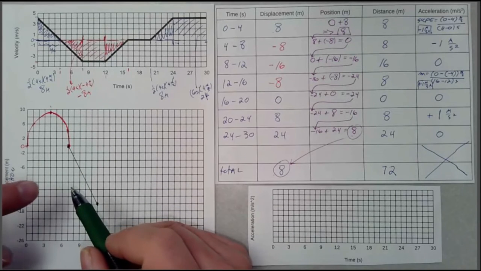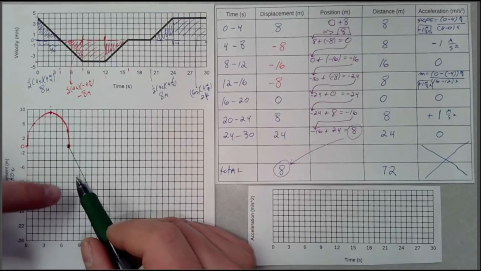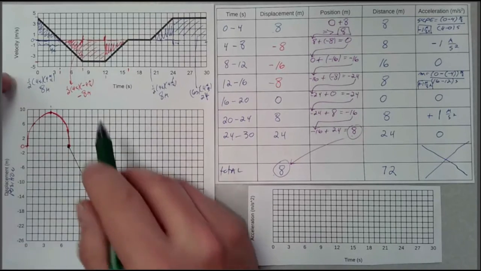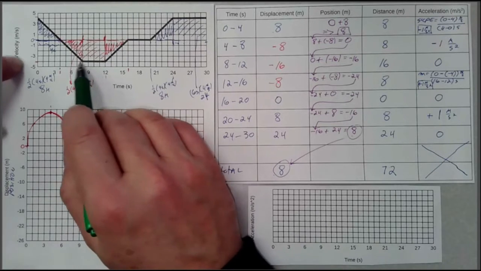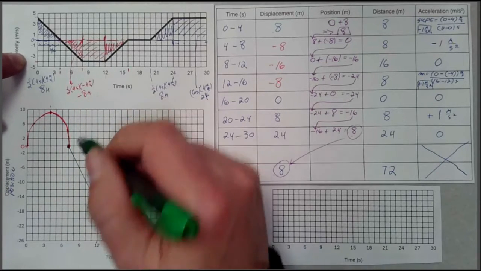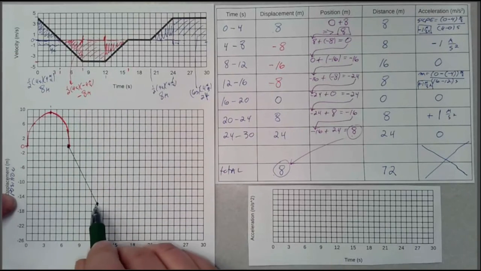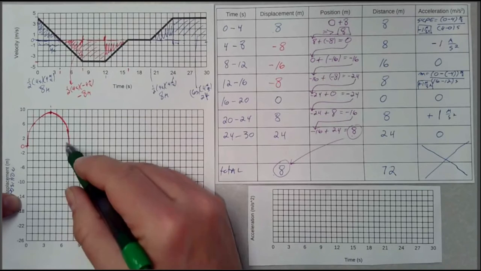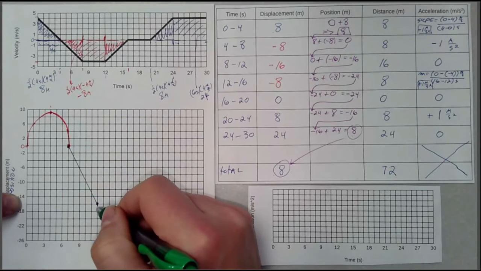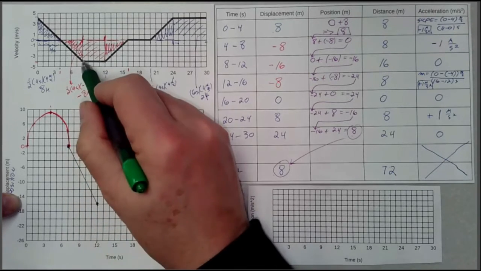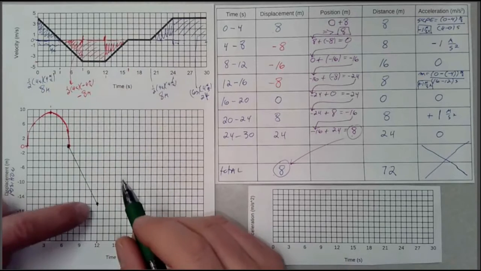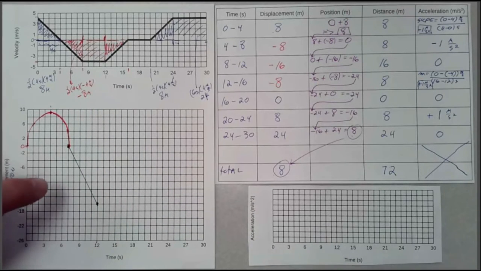So if I were to take the position time graph and take the slope of this line, it should give me the constant velocity during that time interval. And if I did that, -16 minus 0 divided by 4 seconds is -4. So that matches up. Okay, let's continue with the graph.